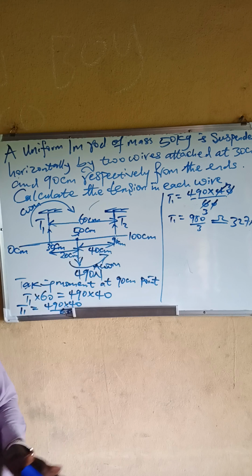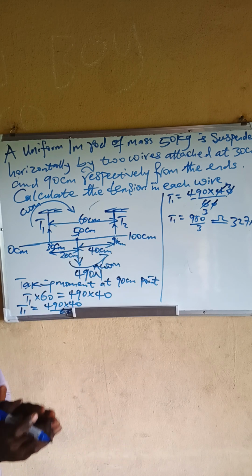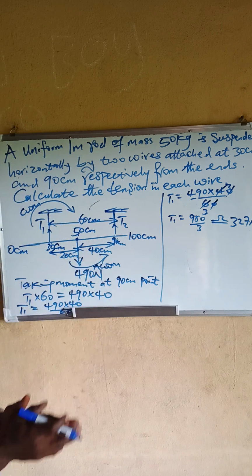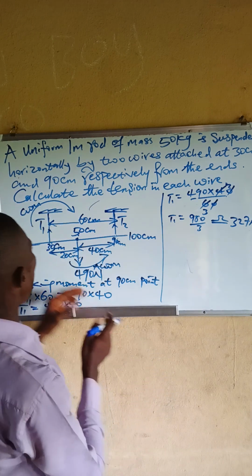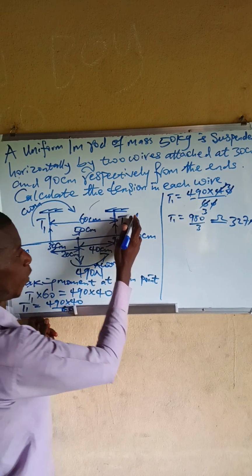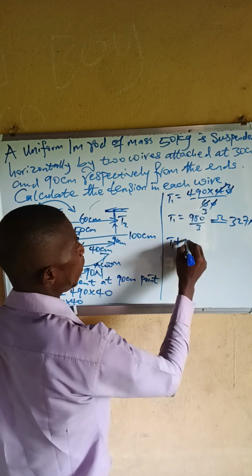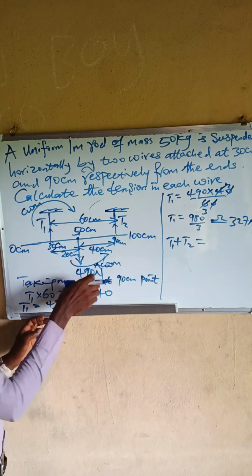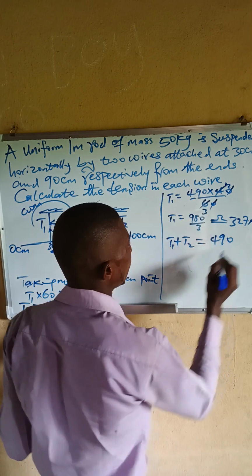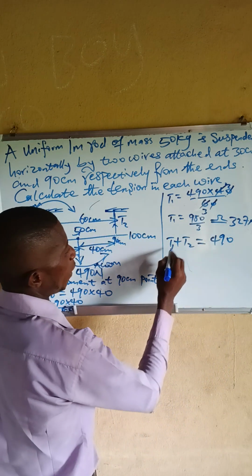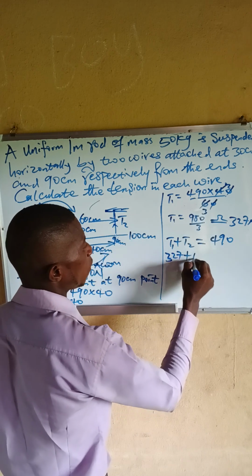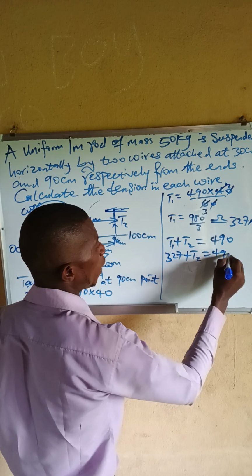How do we find T2? We take the second condition that says the sum of the upward forces must be equal to the sum of the downward forces. The upward forces are T1 and T2, so T1 plus T2 is equal to the downward force, which is 490. We've already gotten T1 as 327, so 327 plus T2 gives 490.